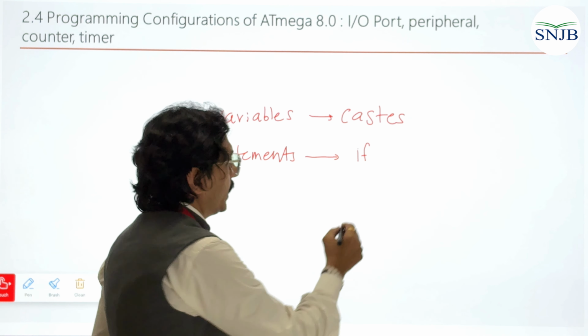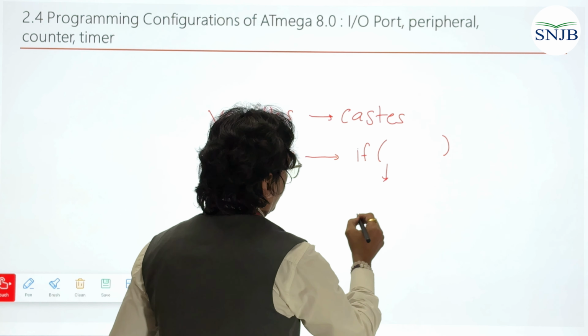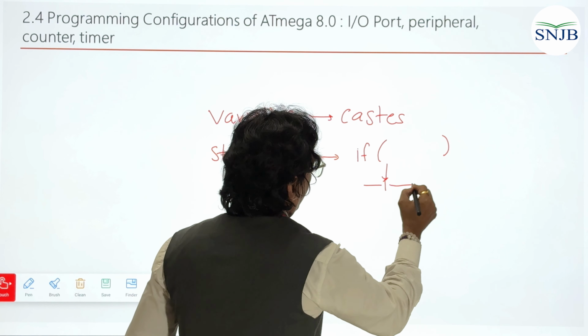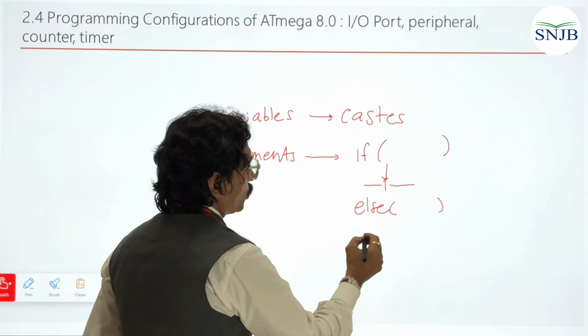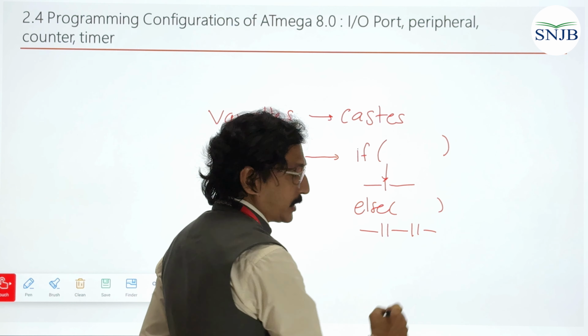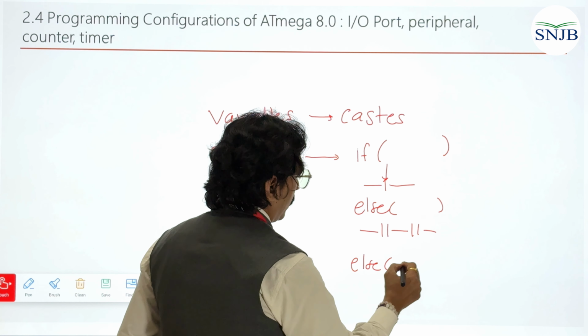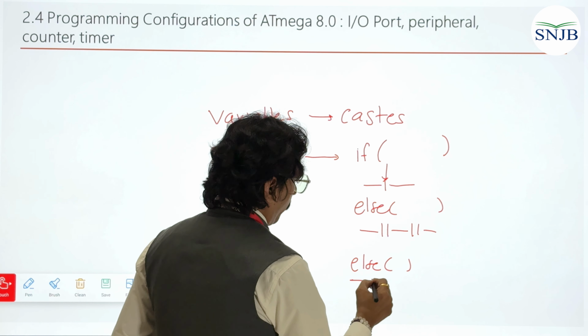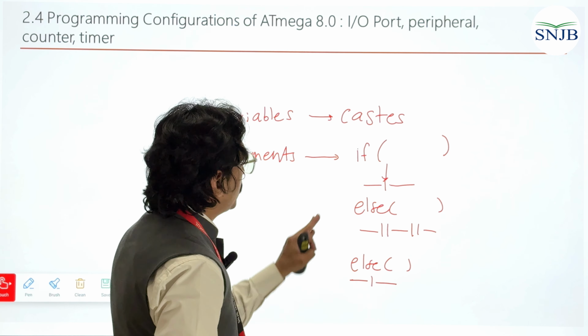If some condition is going to happen, then perform this operation. Otherwise, if this condition is going to happen, then perform such kind of operation. Otherwise, perform this operation. So this is about statements.